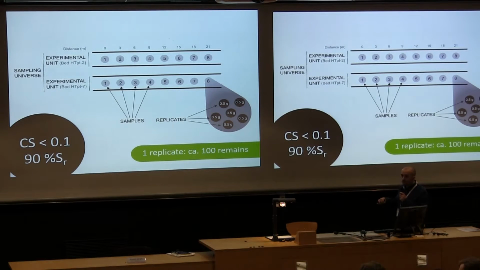So from the resultant material for every sample, we randomly took several 0.5 gram replicates, and the number of replicates was taken to fulfill requirements of a curve slope value under 0.1 and a value of recorded richness higher than 90%.